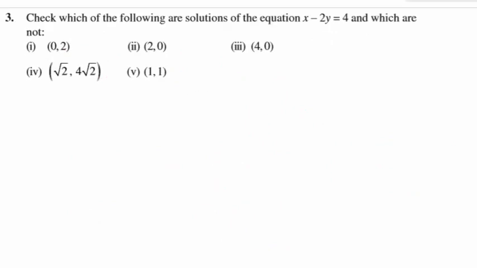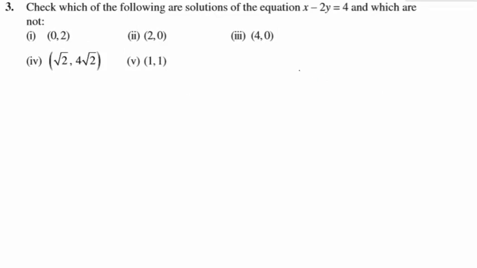Now our third question is, check which of the following are the solution of the equation x minus 2y equals 4, and which are not. Just simply substitute the value of x and y in the equation. If left hand side equals right hand side, then this will be the solution, otherwise not. My first part is the point 0, 2, which means x is 0 and y is 2.